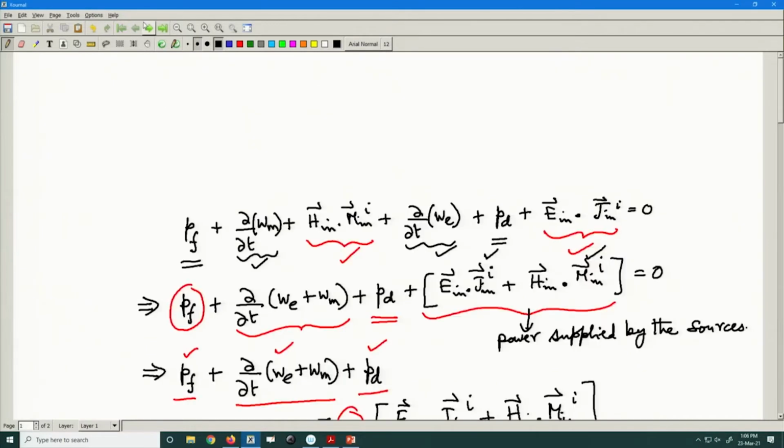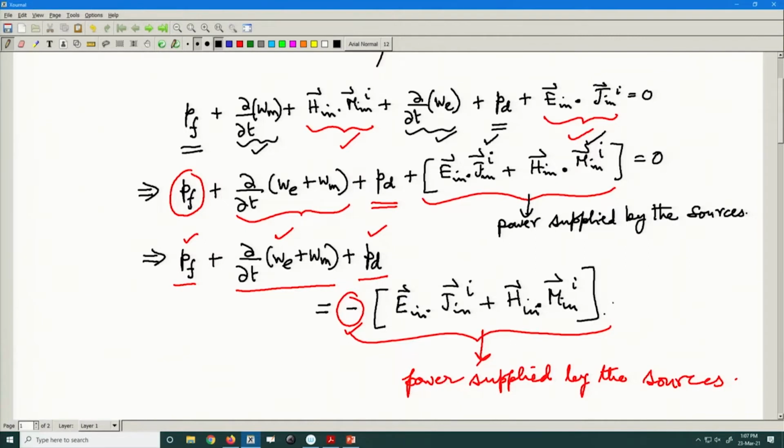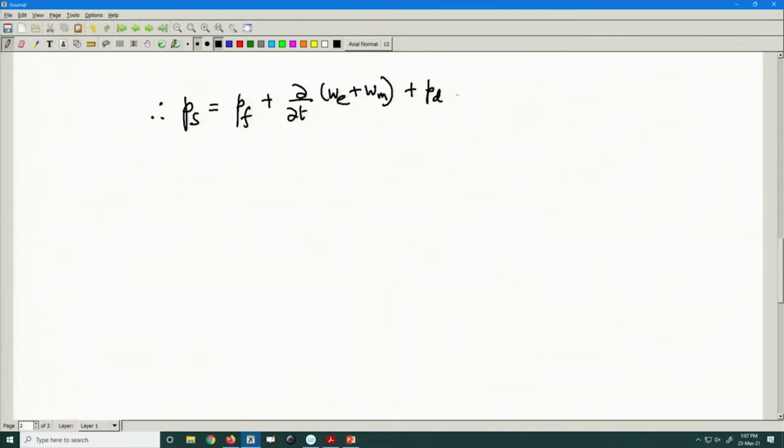So, let us call this equation 22. And we call this equation 23.